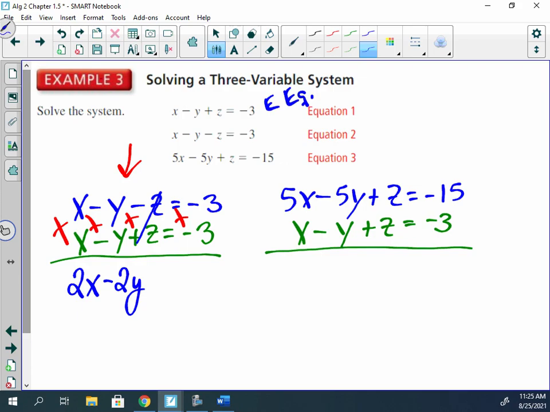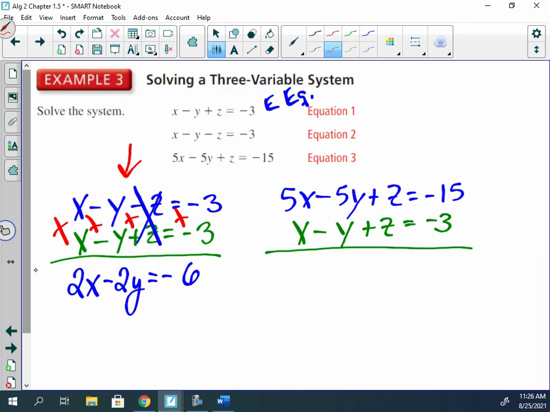Negative z plus z, negative 1 plus 1 is 0. 1 minus 1 is 0. And negative 3 plus negative 3 is going to be negative 6. Any questions on this so far?